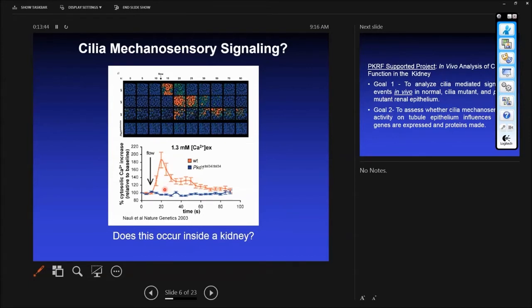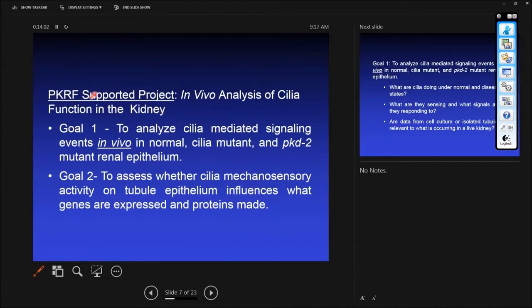And for us, what we wanted to know is, does any of this actually happen inside a normal kidney? As you notice, much of this is done in cells grown on a flat dish, where the conditions are quite different than what you would see inside a normal kidney. With support of the PKD Foundation, we set out with two major goals.